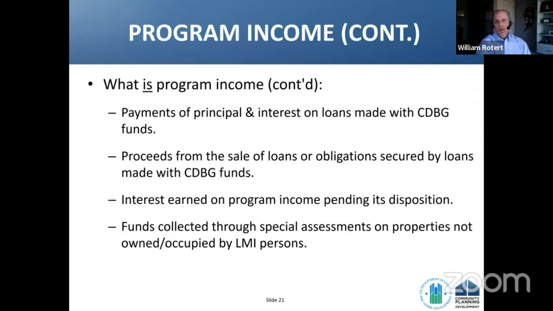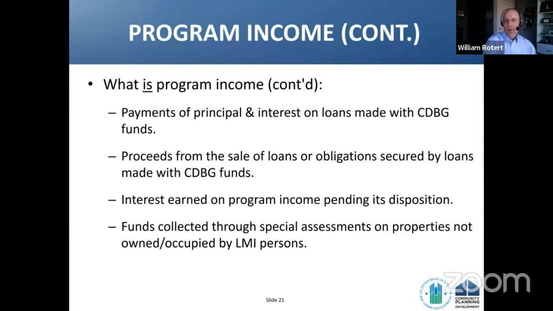Again, what is program income? Here's some other examples. The payment of principal and interest on loans made with CDBG funds. And there's an exception to this rule we'll touch on in a minute. Proceeds from the sale of loans or obligations secured by loans made with CDBG funds.